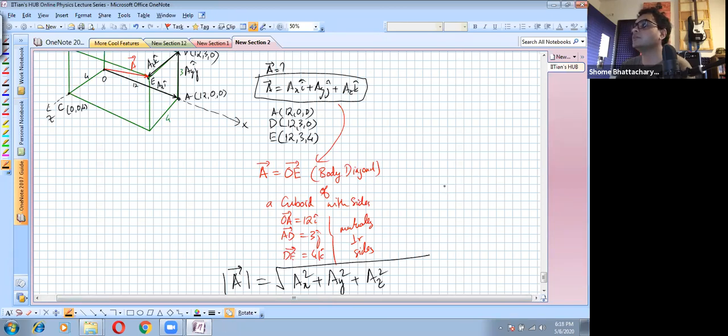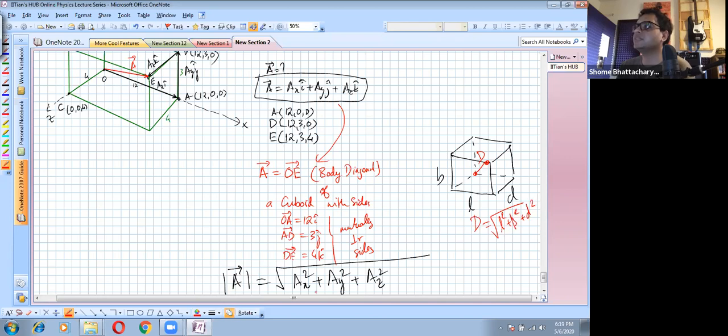This is just directly coming from the geometrical formula that if you have a cuboid of sides L, B, and H, then the length of the body diagonal becomes square root of L square plus B square plus H square.